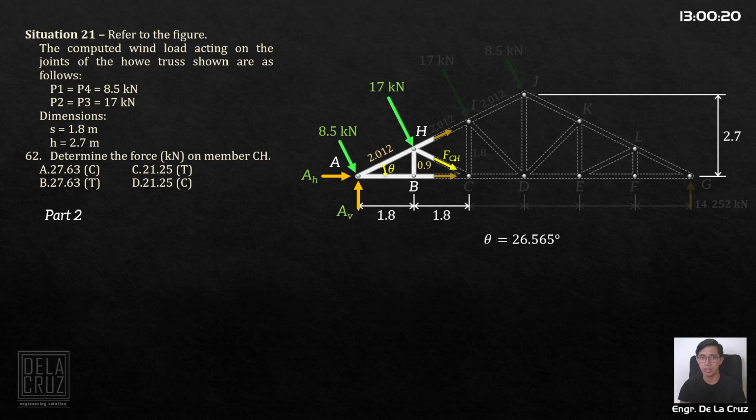But pwede natin yung eliminate sa solution by just taking moment at A. Summation of moment at A tayo. So, itong force na yan is directly towards A and yung point C directly towards point A. So, kung nag-moment na dito, yung unknown mo lang is CCH. By the way, yung style ko dito, I always assume positive or tension.